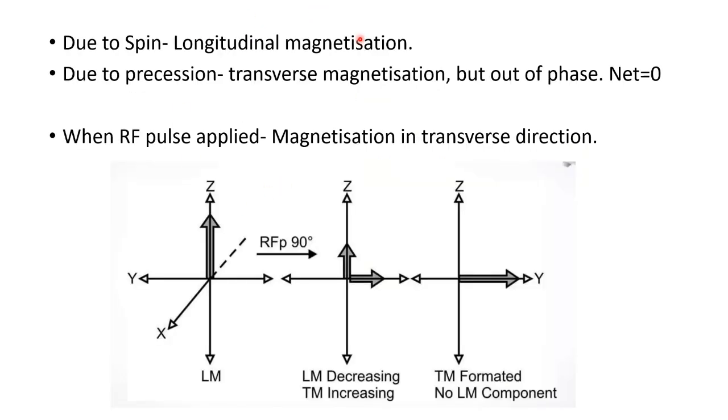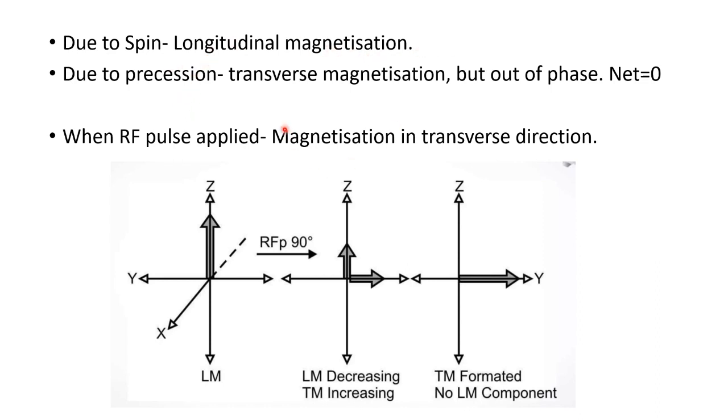Longitudinal magnetization is basically due to the spin of the nuclei, and transverse magnetization is basically due to precession. But in longitudinal magnetization, the spin of the nuclei overpowers the precession, so mainly we get longitudinal magnetization.